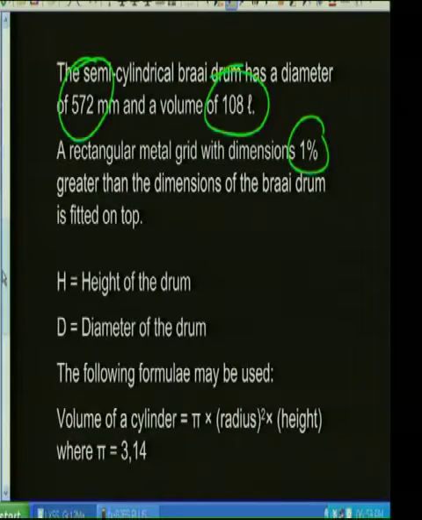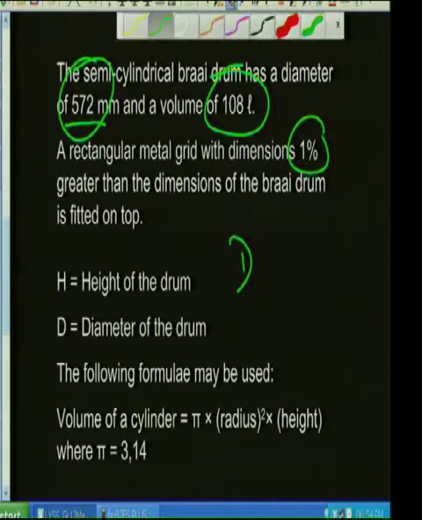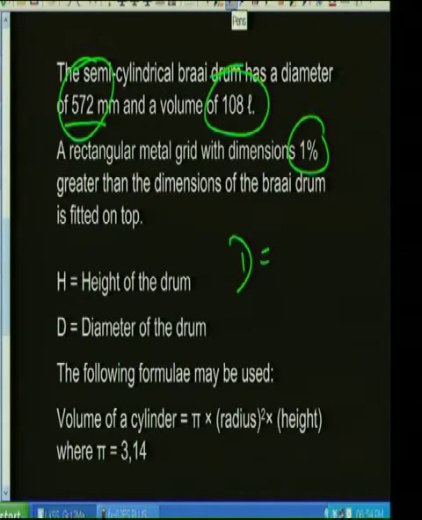So when I'm told here that I have a diameter of 572 millimeters, I'm told my diameter equals 572 millimeters. My students will straight away say, oh, we're not allowed to use that D word.